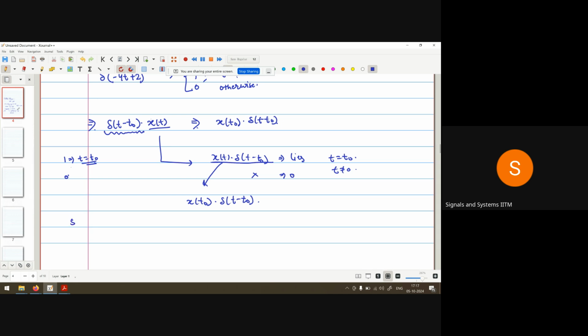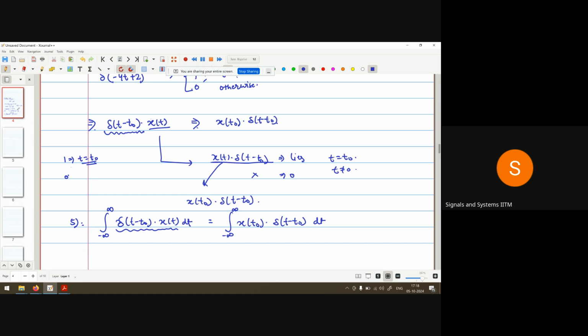Similarly, the fifth property: integral from minus infinity to infinity of del of t minus t naught into x of t. We have already seen the value of this one: integral from minus infinity to infinity of x of t naught into del of t minus t naught dt.